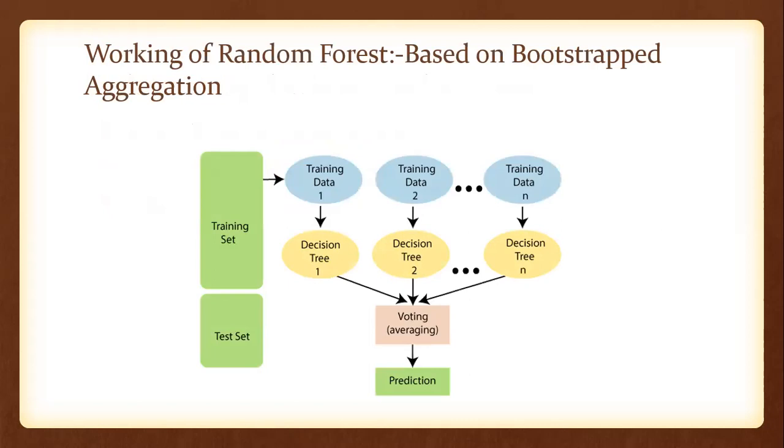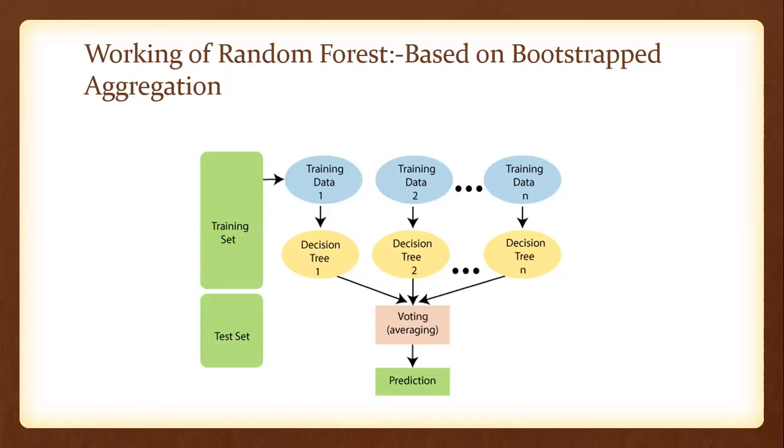Bootstrapped means you are collecting a subset of the whole data set and giving the subset to a collection of base models, which are basically decision trees. Okay, so there is a method of sampling here. It is of two types. Number one is row wise sampling. Second is column wise sampling.